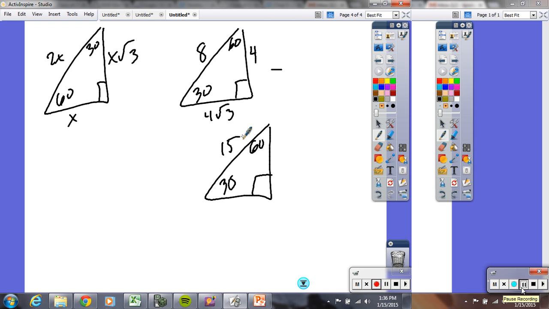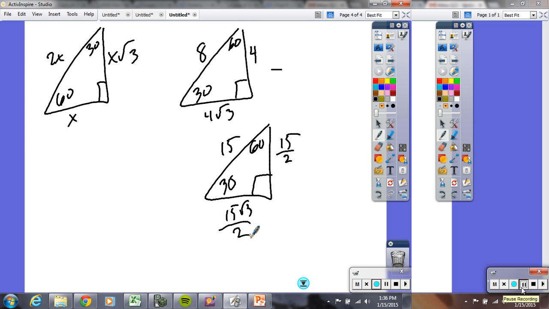And that goes here or here? On the side opposite of 30 is 15 over 2. Okay, what is the bottom side for us, or the side opposite of 60 in this case? Or 15 root 3 over 2. Pretty simple.